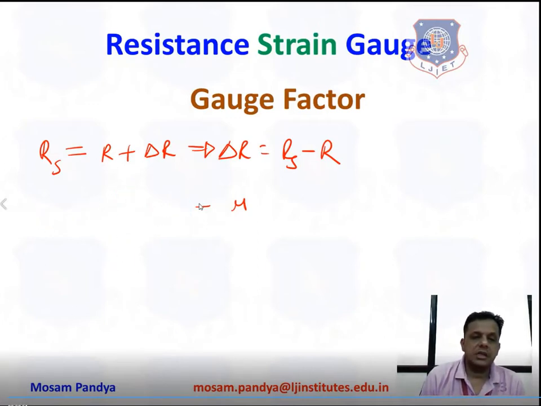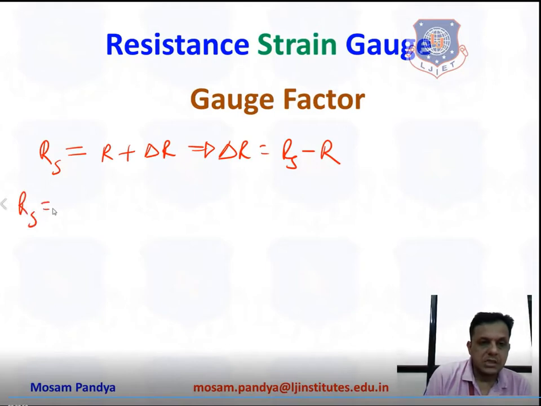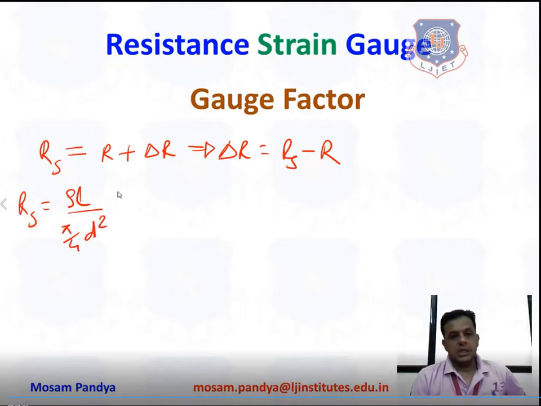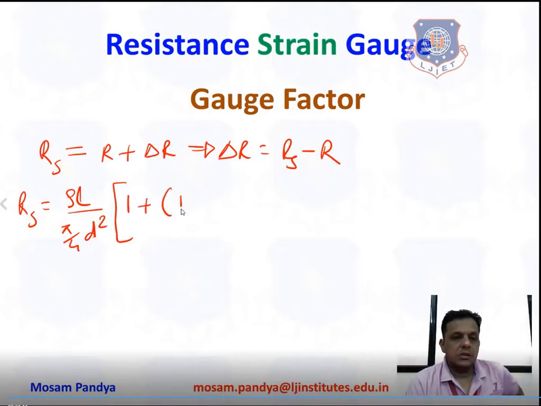Let me add one more step so you can understand very well. RS is rho L upon pi by 4 d square into, in bracket, 1 plus 2 mu delta L by L, which was taken common.